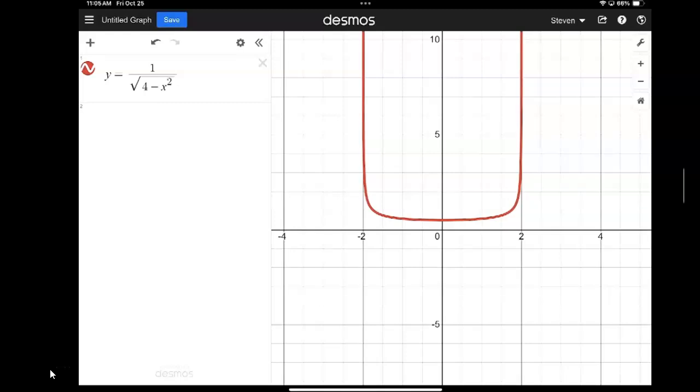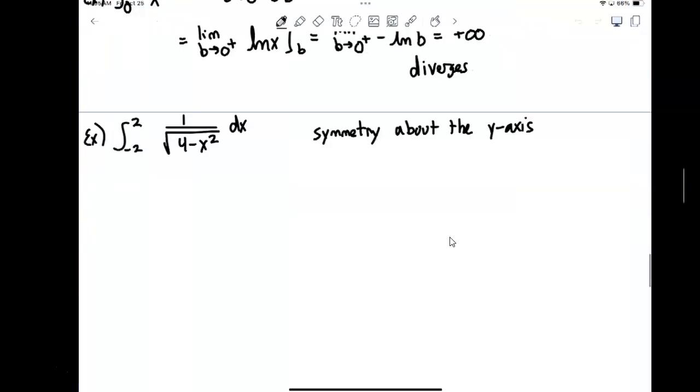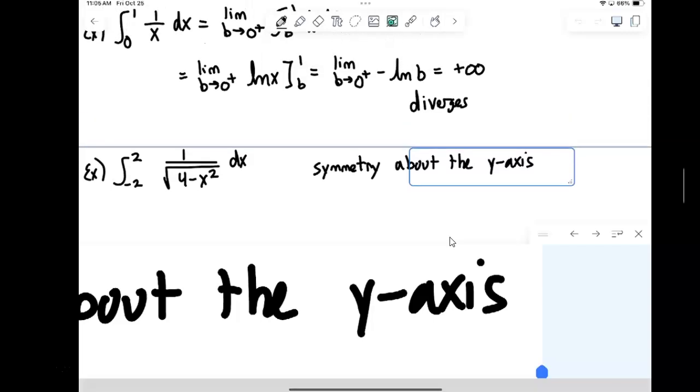Instead of looking at the integral from -2 to 0 plus the integral from 0 to 2, two separate integrals, I can recognize this is an even function, a mirror image about the y-axis, so I can just look at the integral from 0 to 2 and double it. That's exactly what I'm going to do.